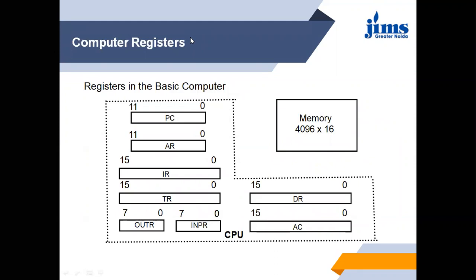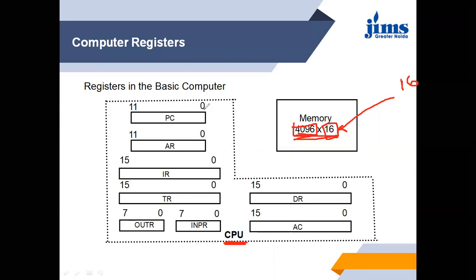Okay, this is about the registers. These are the different registers inside the CPU. This is a CPU, this is a memory. I told you the size of the memory is 4096 multiplied by 16, meaning this is the memory where there are 16 bits in a number, and the size of the memory is 4096.